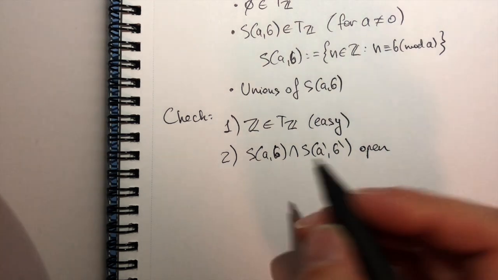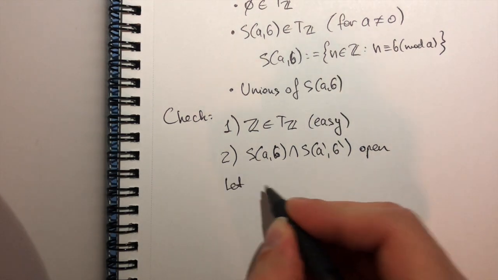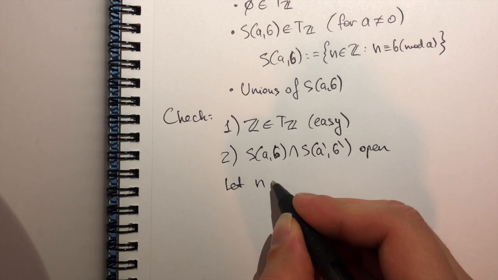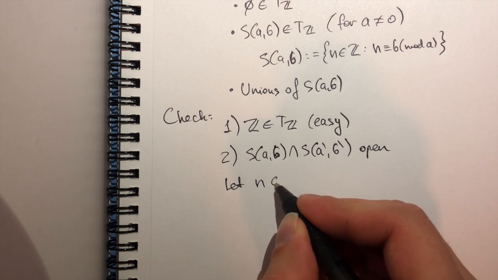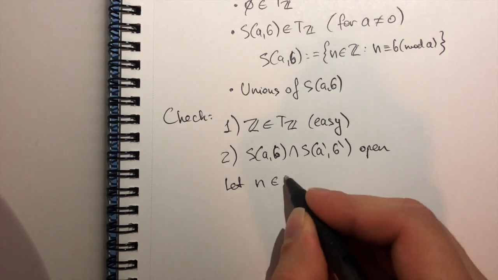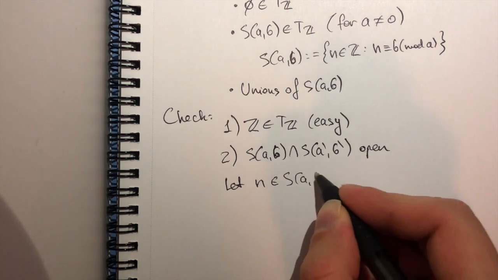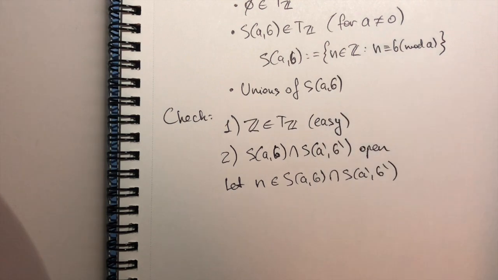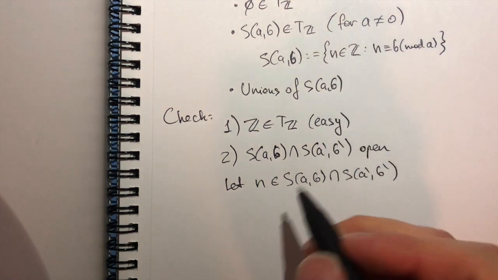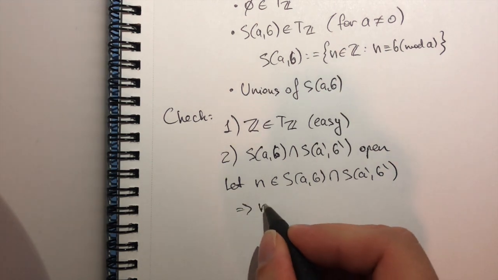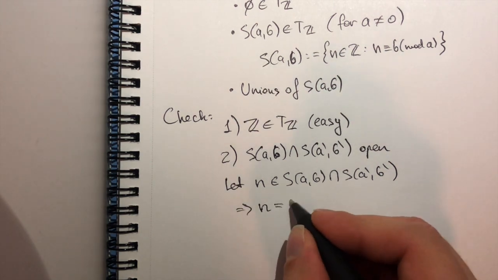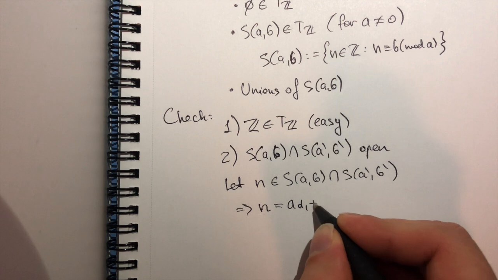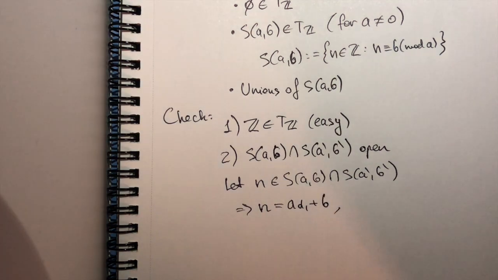Let's do it like that. Suppose that a given integer n belongs to this intersection. Well, using my definition, I can rewrite n as a alpha 1 plus b.